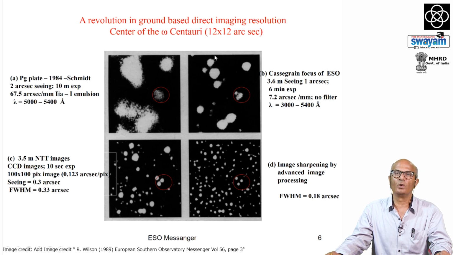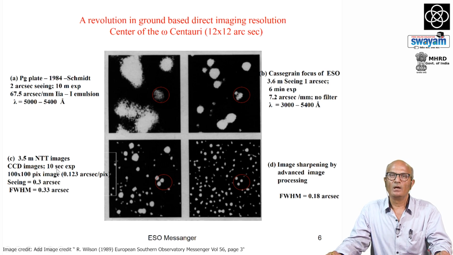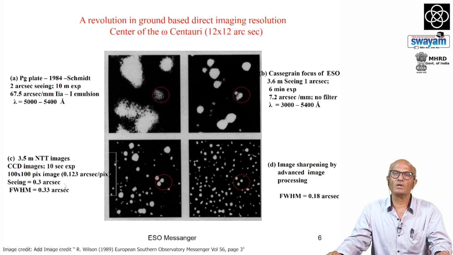Consequently, the blob which was here, where you see 4 stars, is again further resolved. So, resolving power has improved drastically, and in less exposure time than A and B, we are able to detect fainter objects, and in this case seeing was 0.3 arc second. The full width at half maxima of the image in this case is 0.33 arc second.